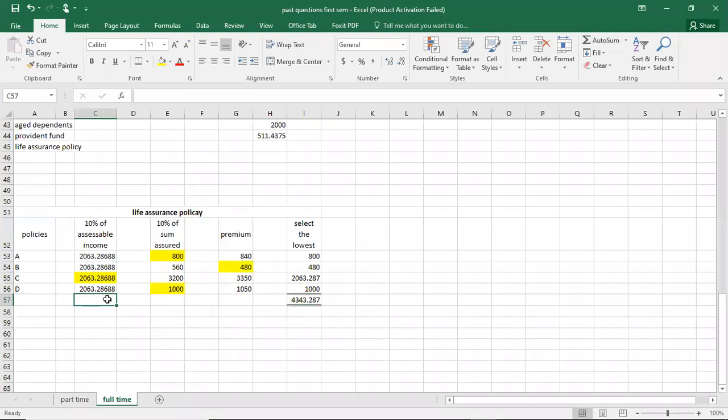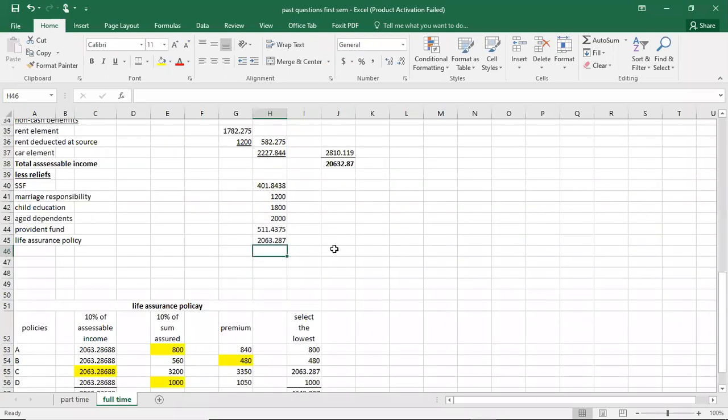So I compare it with one of this. So the 2063 and 4343.287, which one is the lowest? So the lowest is 2063. So that becomes the answer I'll pick here as my sum assured for the life policy, or my total sum when I'm looking at this particular life policy.